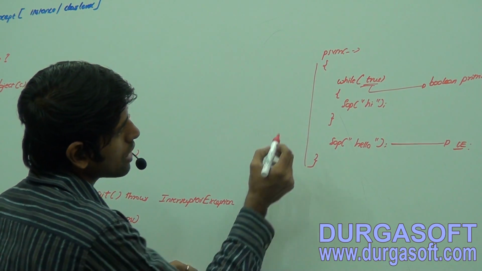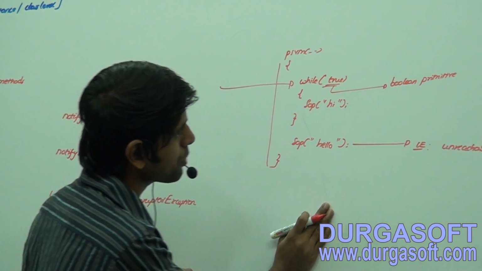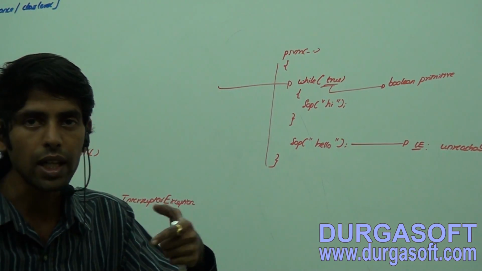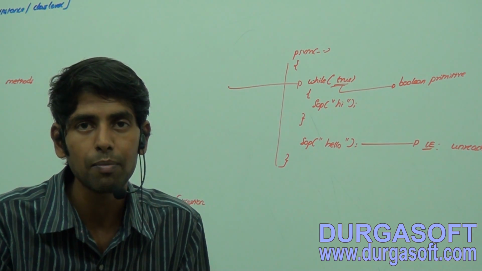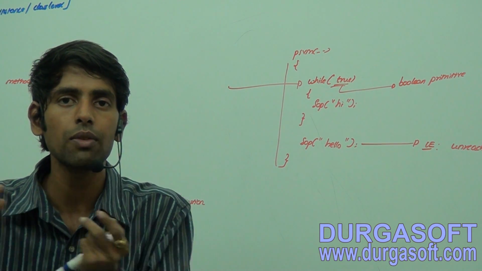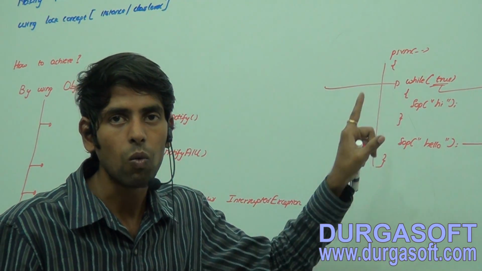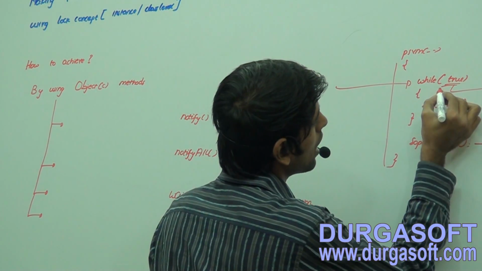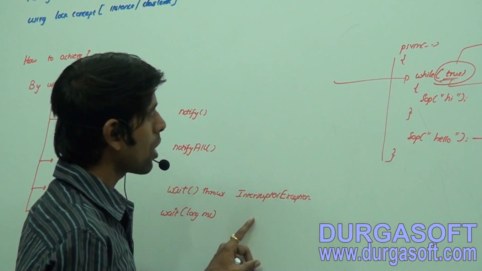So it will encounter this statement at the time of compilation, and here you will be getting an unreachable statement. Why? Because the compiler re-evaluates the code once again on behalf of the JVM, that is, at runtime. So what the JVM is going to do at runtime, the same thing will be done by our compiler. Why? Because this is a constant.